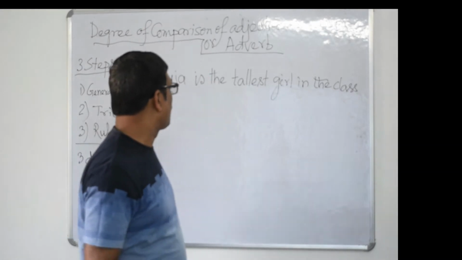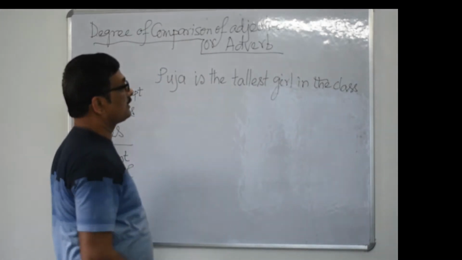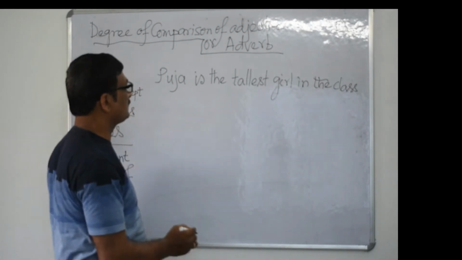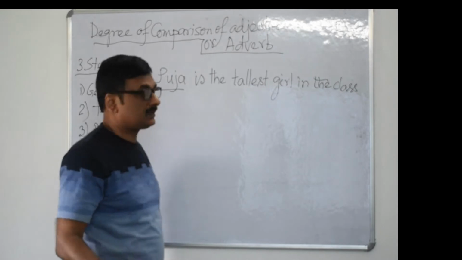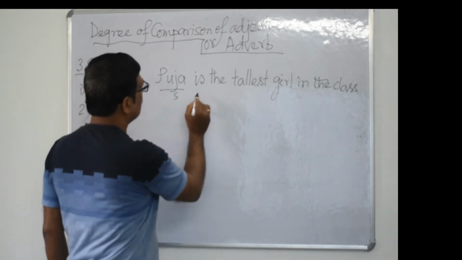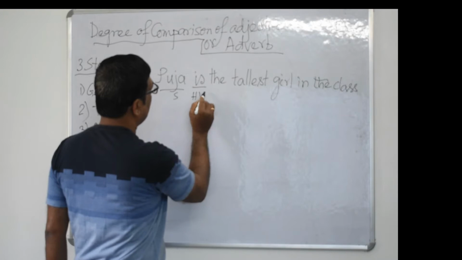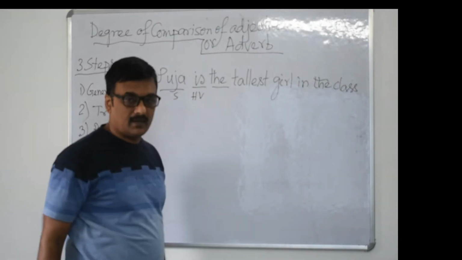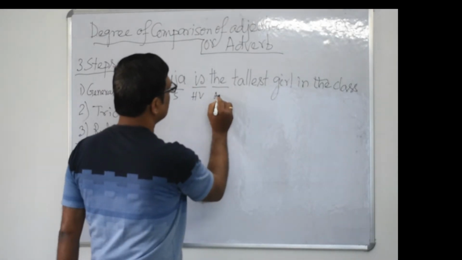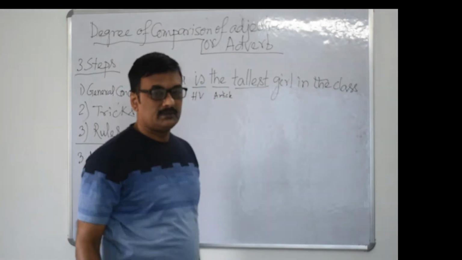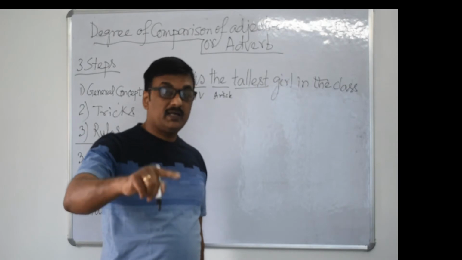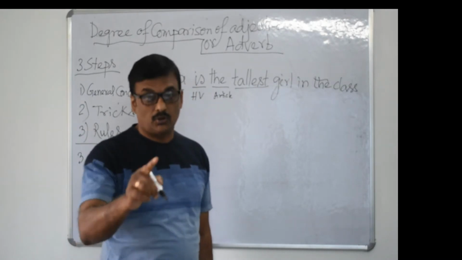Okay? See, follow me. Pooja is the tallest girl in the class. Suppose you identify what is what in the sentence. Pooja is the subject, is the helping verb, the is the article here, tallest is the superlative form of adjective tall.